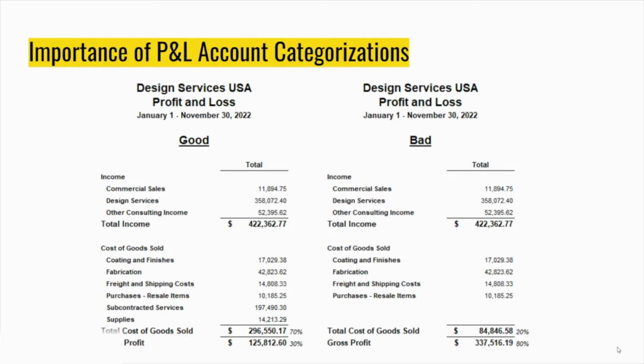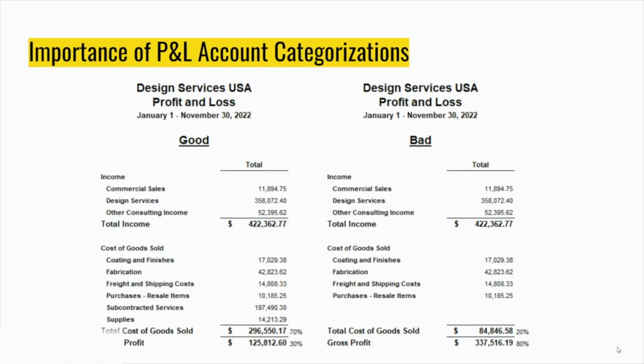So our cost of goods sold are understated, and therefore our profit margin is significantly overstated. So this would give, like I said, if we're looking at your P&L and trying to make decisions on what expenses we need to trim and what areas we can improve on, this wouldn't be overly useful in that endeavor. I'll put it that way.